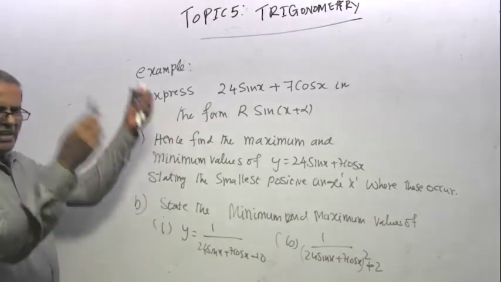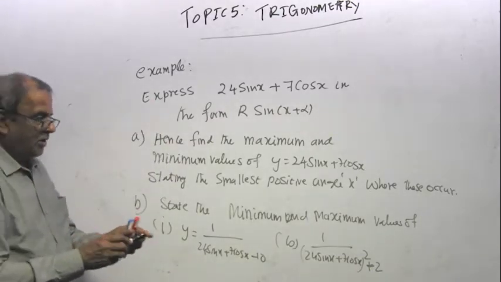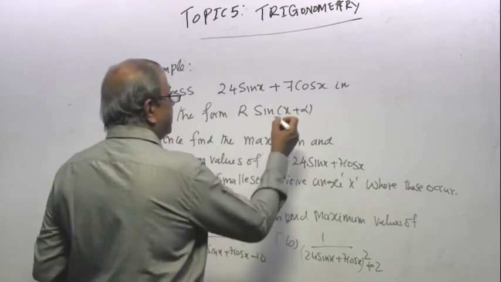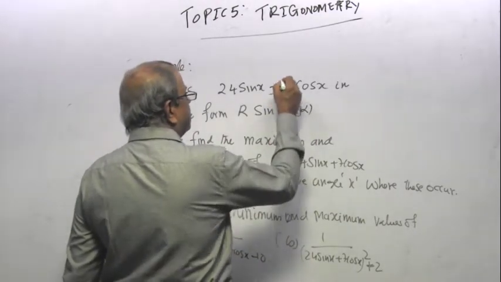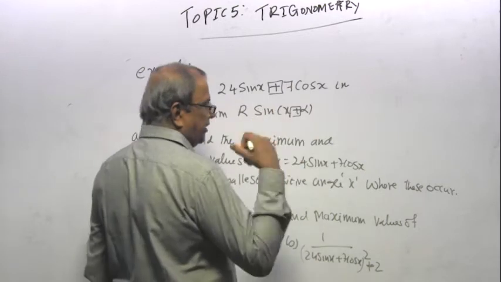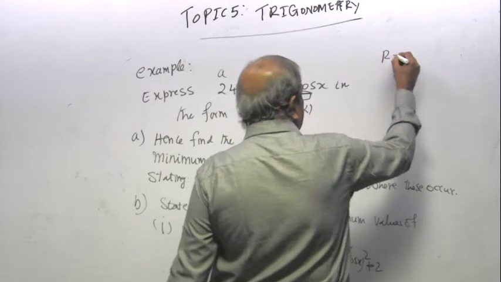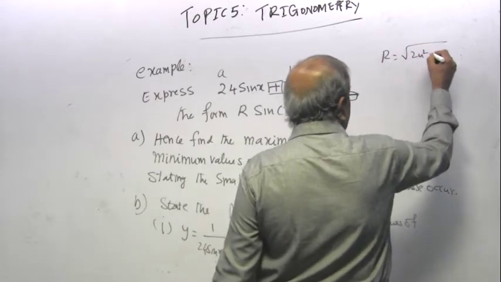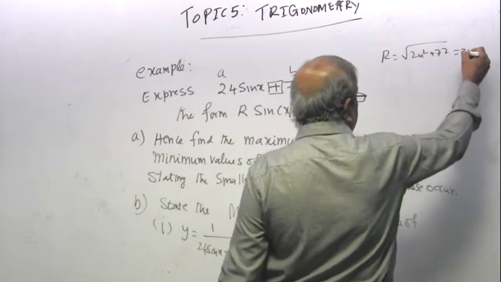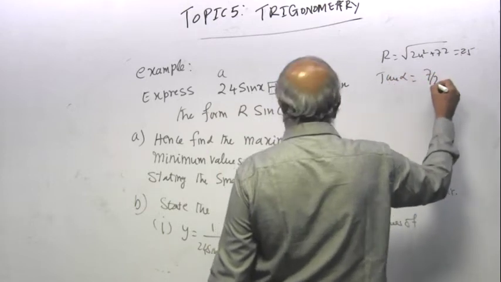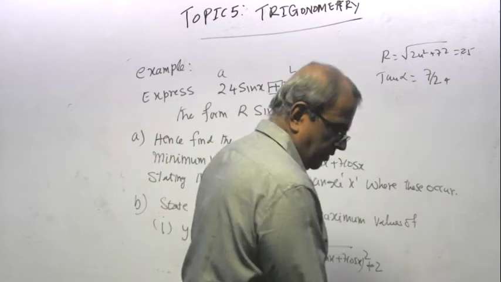Okay, I've just taken up some examples, don't worry. As usual, the format is plus, sine and sine, so the format agrees. So that's your A, that's your B. R equals the root of 24 squared plus 7 squared, which is 25. Tan alpha equals B over A, always B over A, 7 over 24.